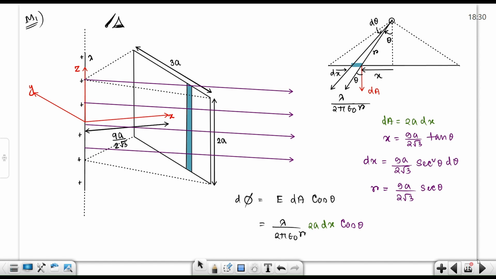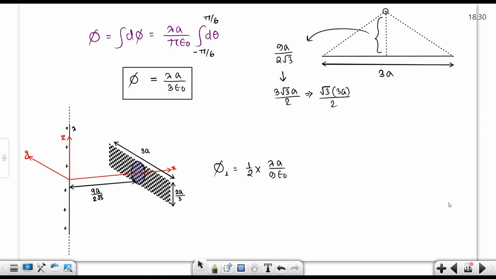The value of this angle will be pi by 3, because if you see here carefully, the distance of the wire from the plane is 9a upon 2 root 3, and if we rationalize it, then you can see that this is 3 root 3 a upon 2.